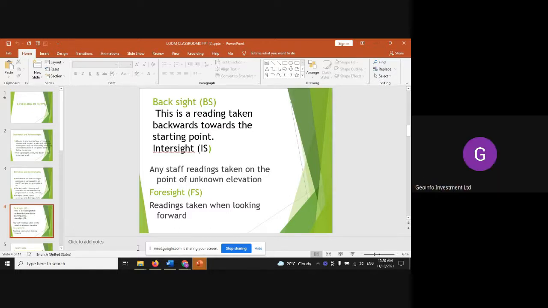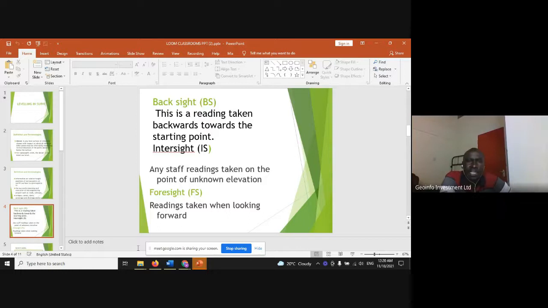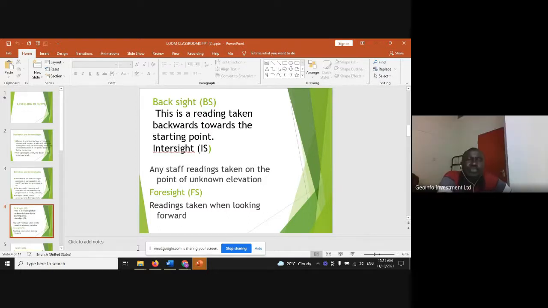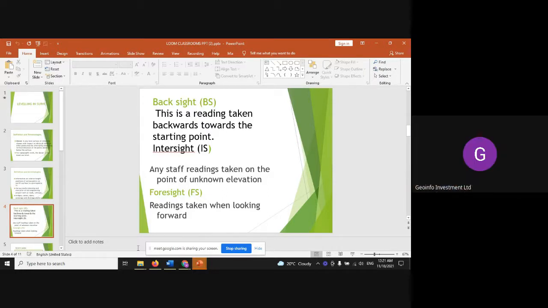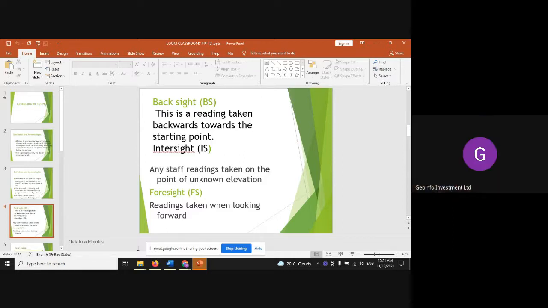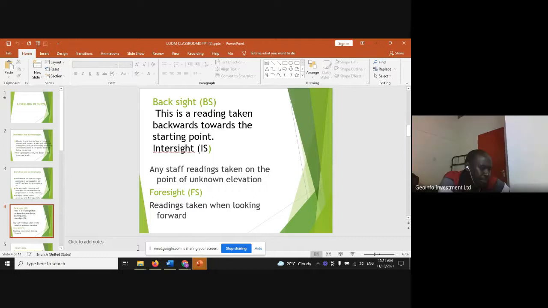This is the first reading taken towards the starting point of a project. It is the reading taken after the instrument setup. Now, what is intermediate sight? Vivian, are you with us? Vivian? Okay, can someone else answer?